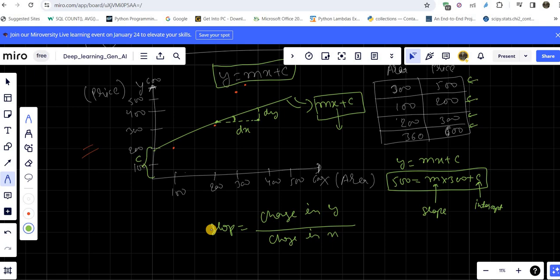That is the slope. Now tell me, for which line the slope will be higher? For this line or for this line? For which line the slope will be higher? This is the line 1, this is line 2.